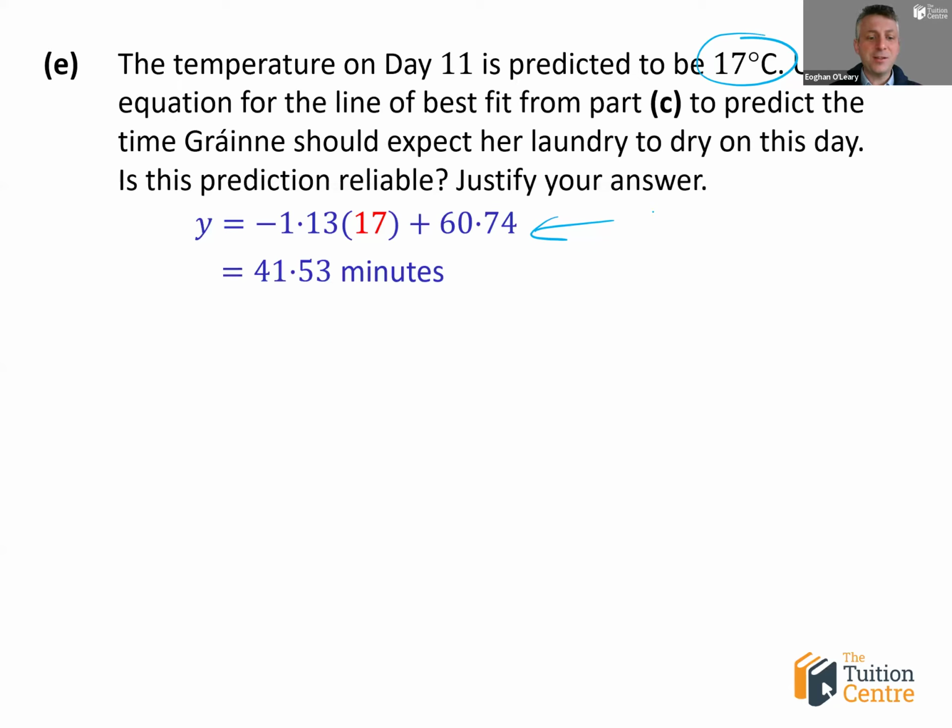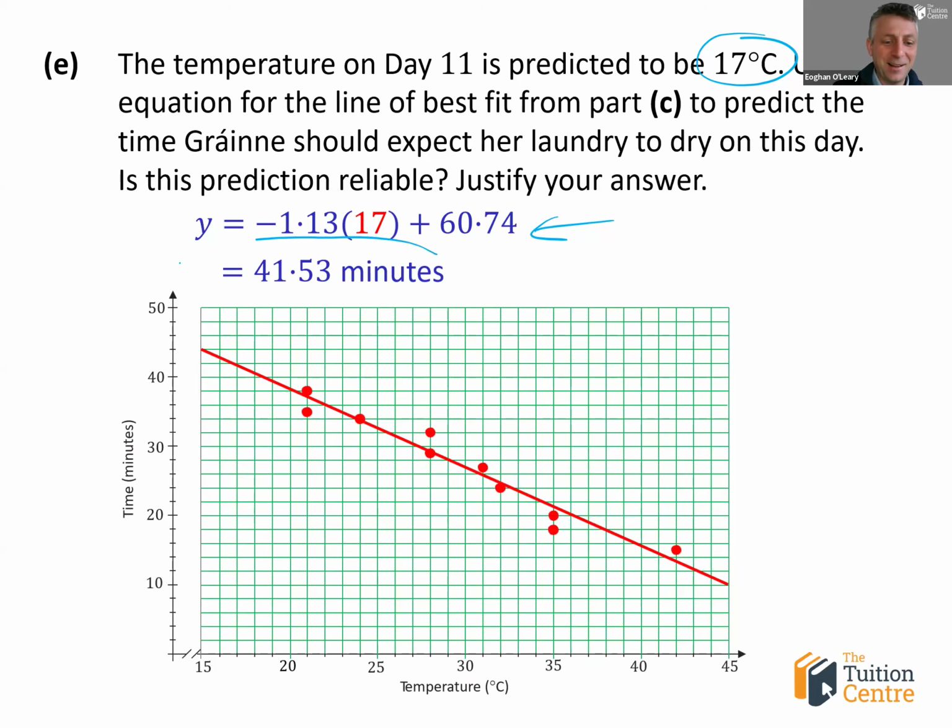Now, this answer shows you the accuracy of your equation that you formed in part C. Depending on how close you are to 41.53, you can judge how many marks you should get for the previous part. If you're miles off, that means your line is poor and you're probably going to get low partial credit.